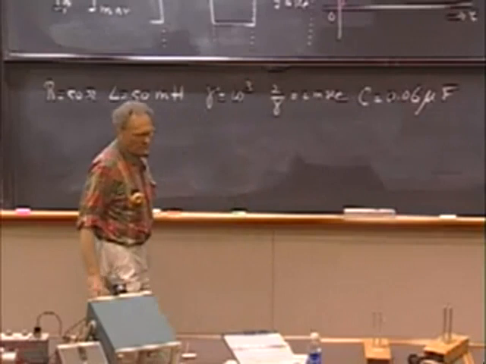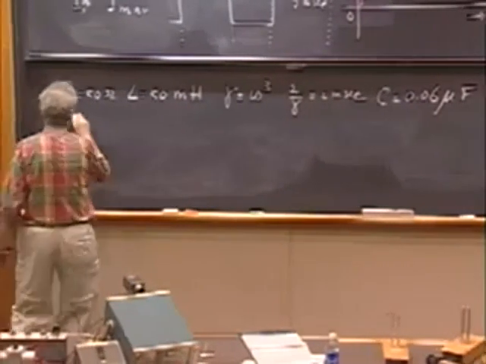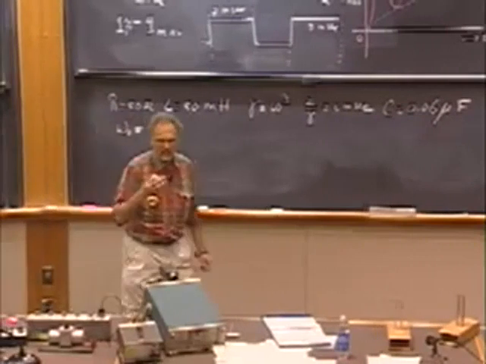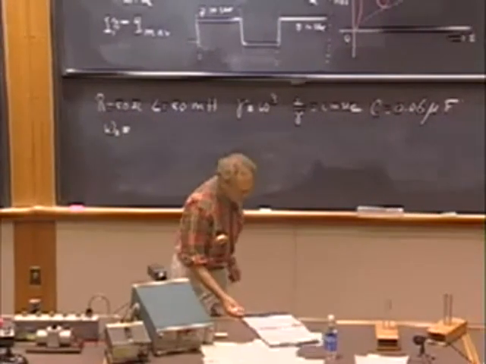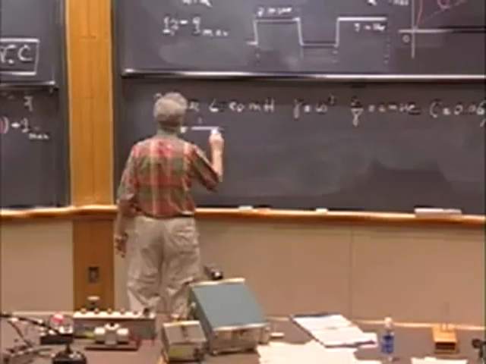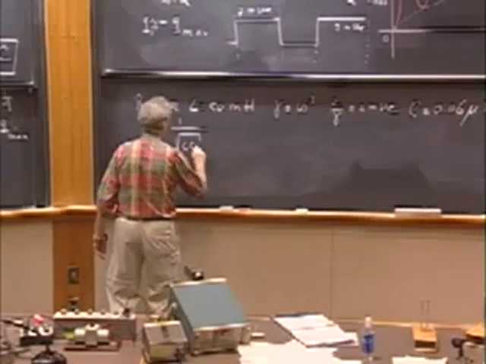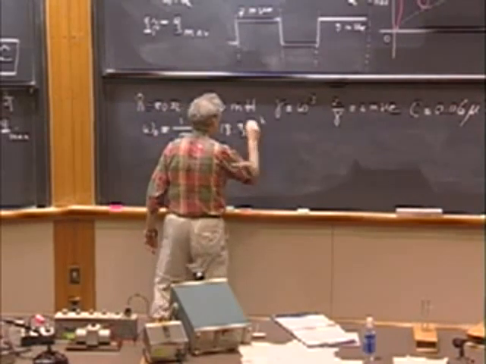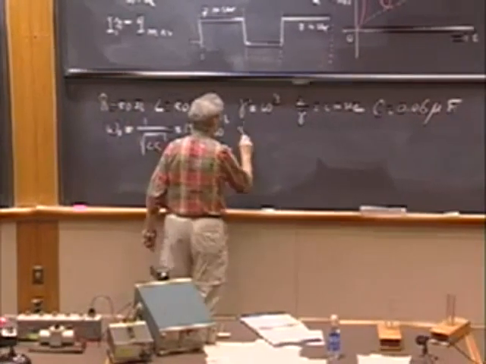So that would give you an omega 0 if you're interested in omega 0. I never have a good feeling for omegas. I like frequencies, hertz, much better, but if you're interested in omega 0, which is 1 over the square root of LC, that would be 18.3 times 10 to the third, and that is radians per second.